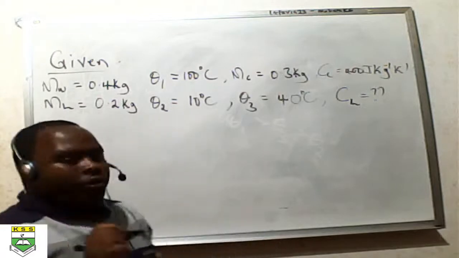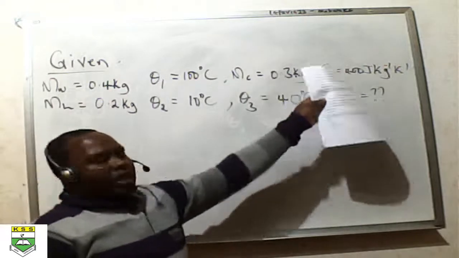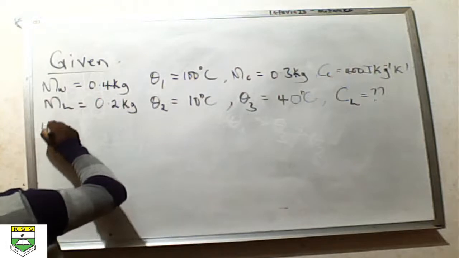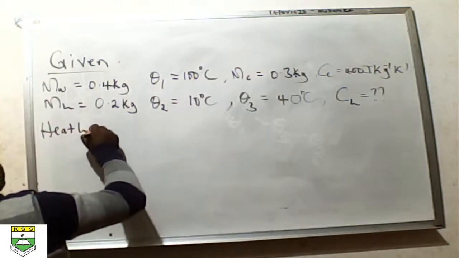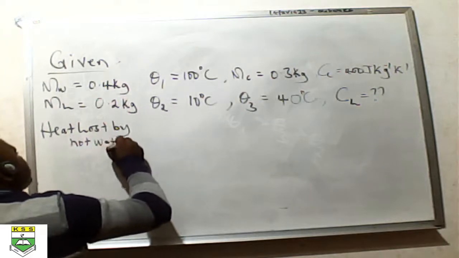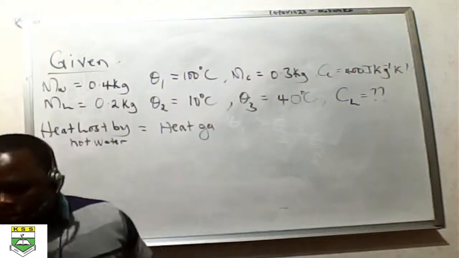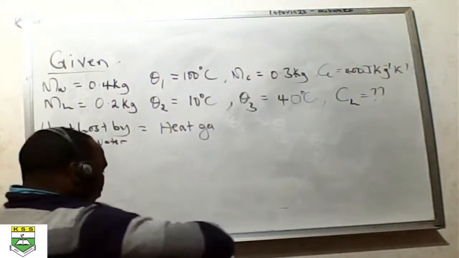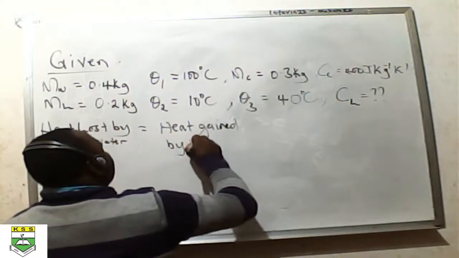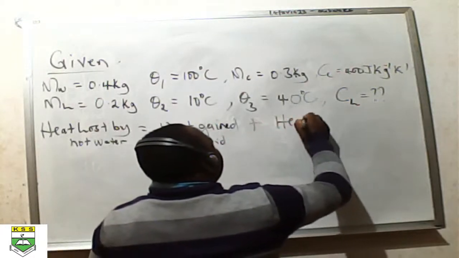However, like I told you, because you are bringing this hot water to a liquid that is placed in a calorimeter, we shall say that heat lost by hot water is going to be equal to heat gained by liquid plus the heat gained by the copper calorimeter.